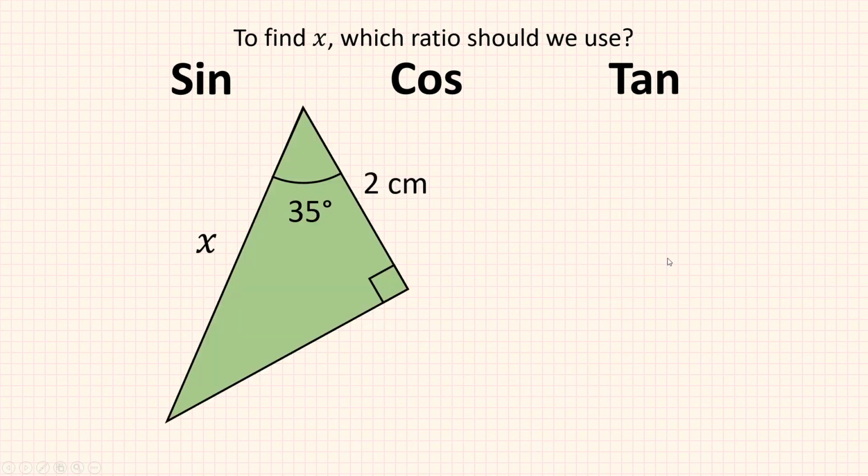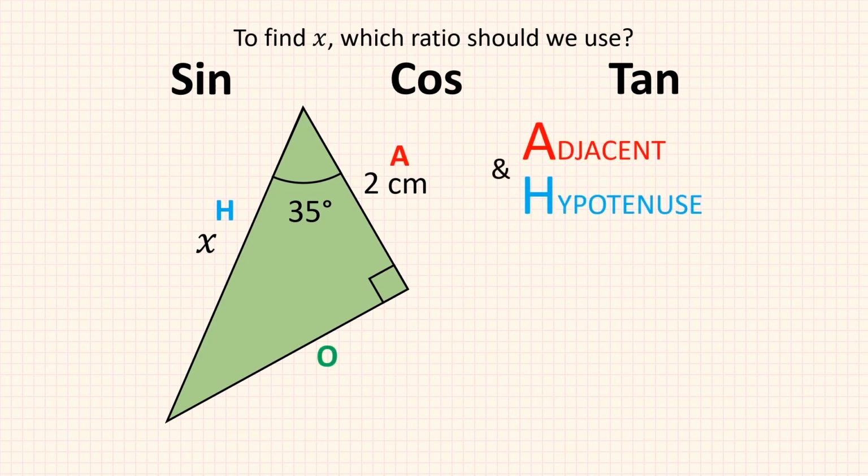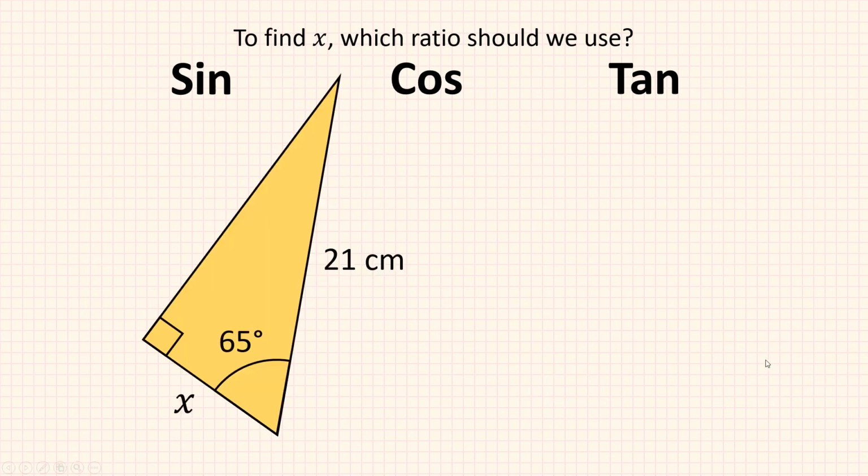Here's your next one. Alright, remember we need to label the triangle. Find out what sides we are going to use or what sides we're working with. And we use cosine for this one. Adjacent, hypotenuse, cos. Here it is labeled.